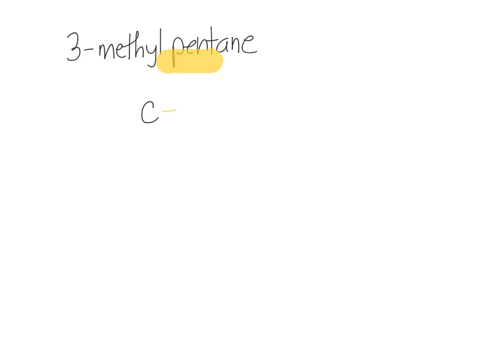So we need to draw 5 carbons connected together. Put in all of the bonds. Each carbon has a max of 4. Then we're going to number them. 1, 2, 3, 4, 5. We're going to put in our side group, which is a methyl, and it's on carbon 3.